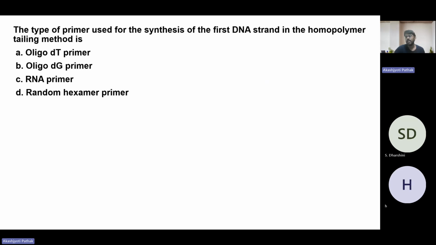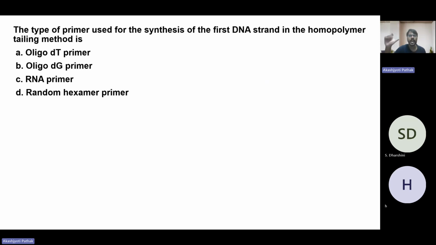Any type of DNA polymerase cannot cause de novo replication, which means that it will require a free 3' OH group. Only if a free 3' OH group is present can it extend that 3' end of the DNA.